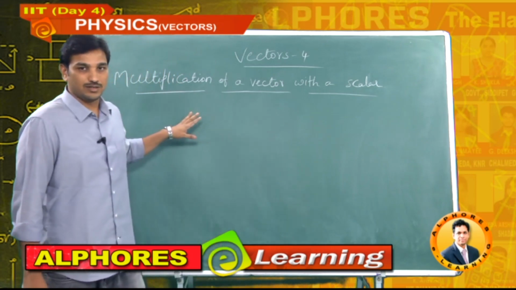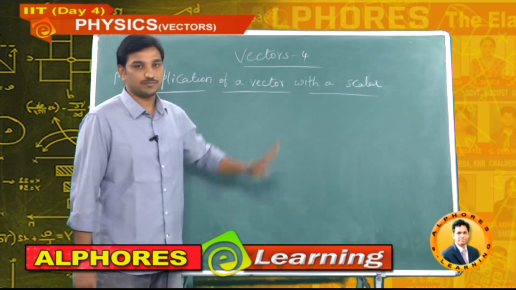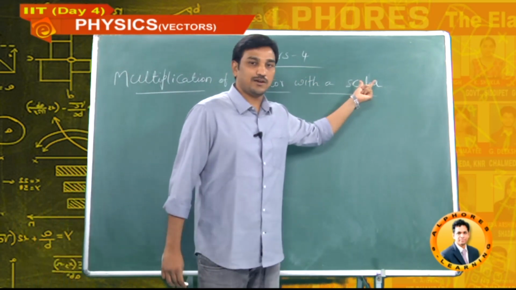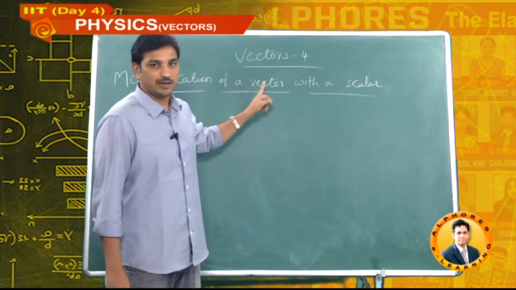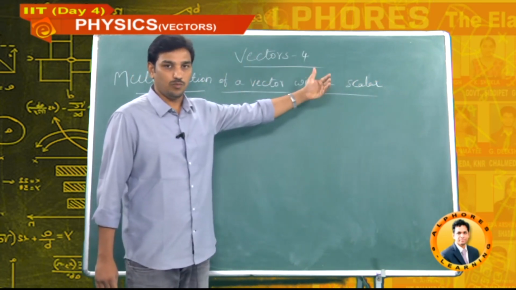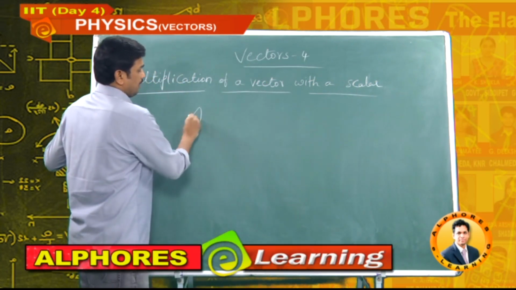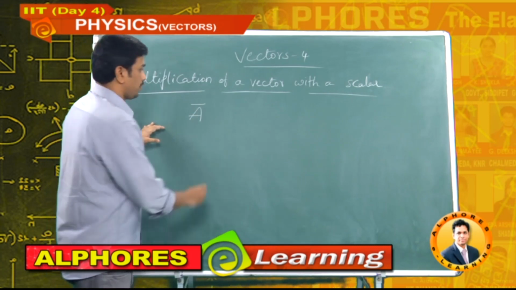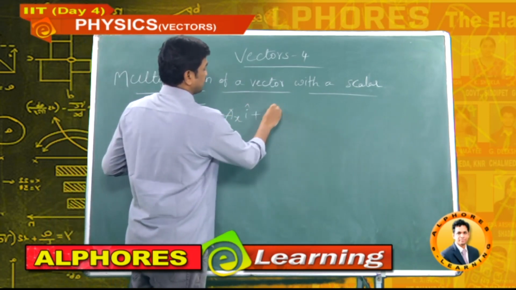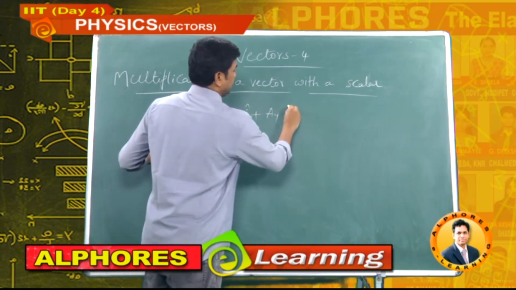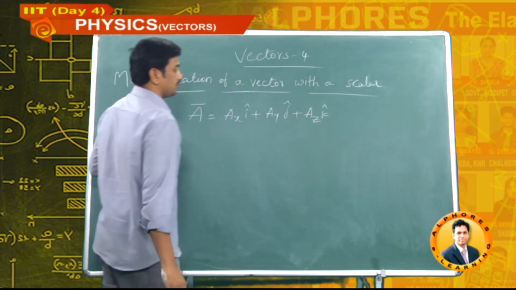So today we are going to discuss multiplication of a vector with a scalar. What is the meaning of scalar? Scalar is a number. If you multiply a vector with a number, what will happen here? A bar is a vector, ax i cap plus ay j cap plus az k cap.